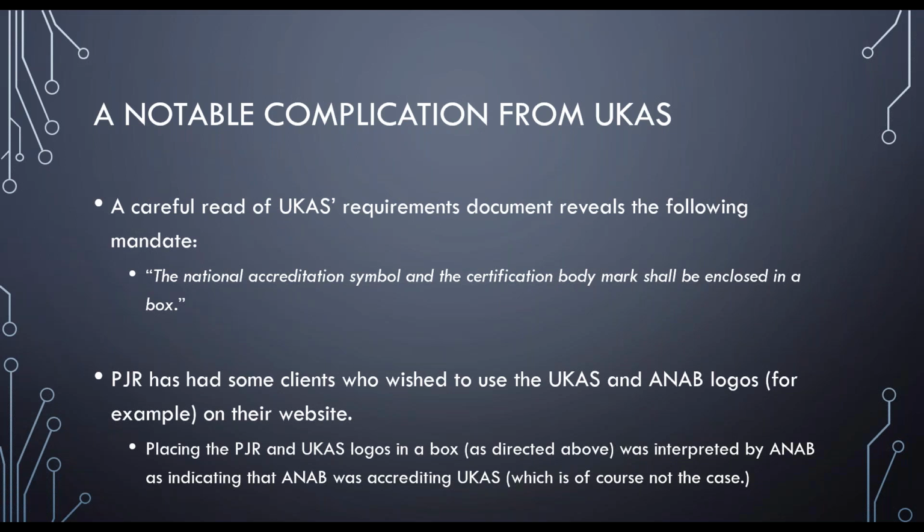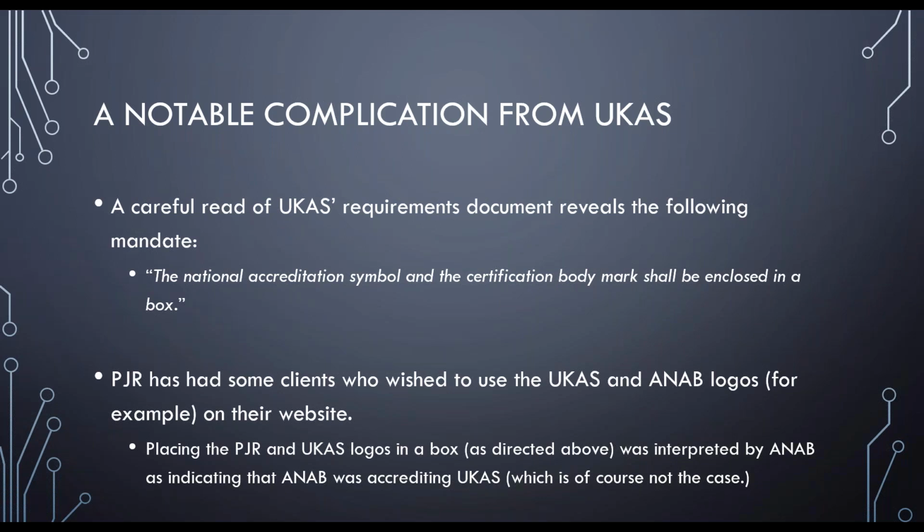So we have some clients that wanted to use, for example, the UCAS and ANAB logos together on the website. Well, what this means is because we have to put the PJR and UCAS logos in a box, ANAB got upset and they said, oh, this makes it look like we've accredited UCAS, which of course is not the case.